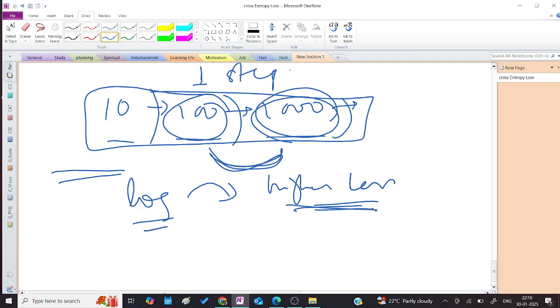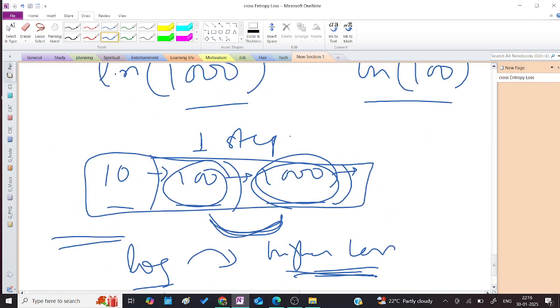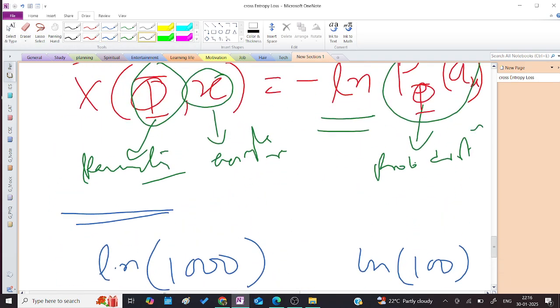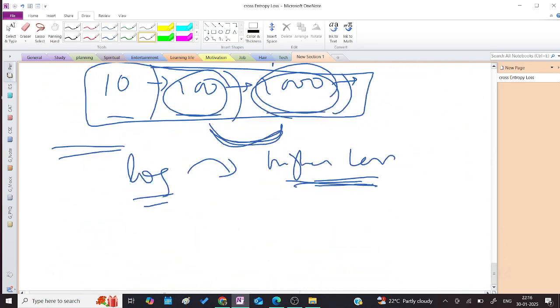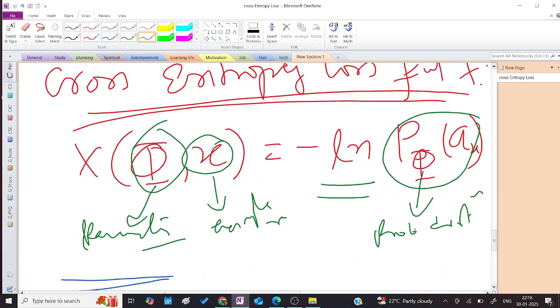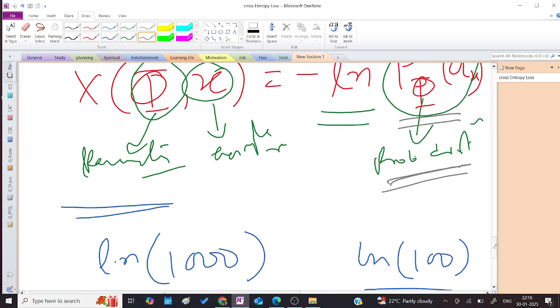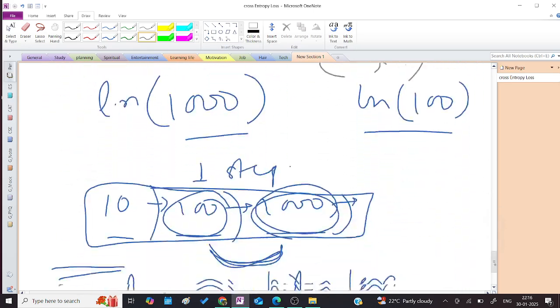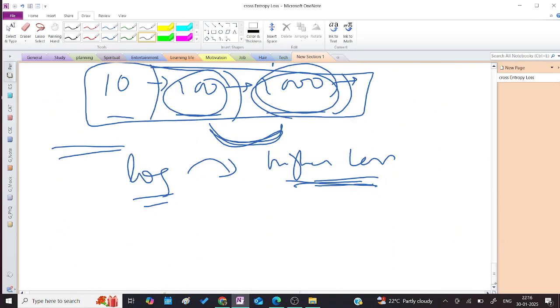But the concept is, see, this is the probability distribution, right? So its value will be from 0 to 1, right? And we all know that the log from 0 to 1 is huge.